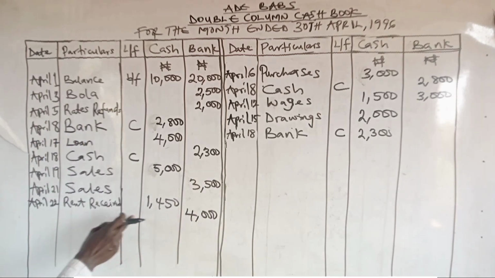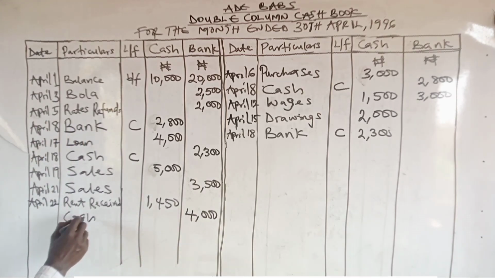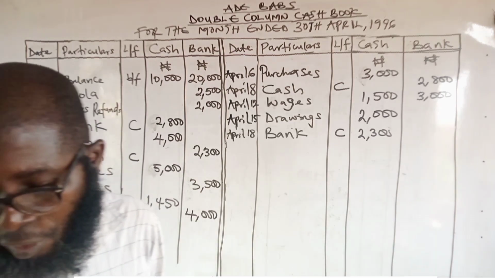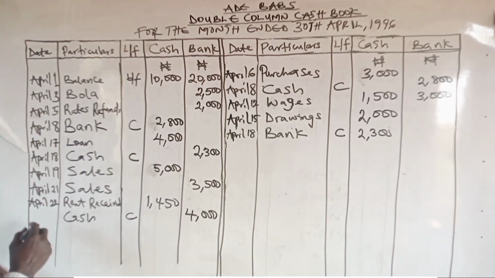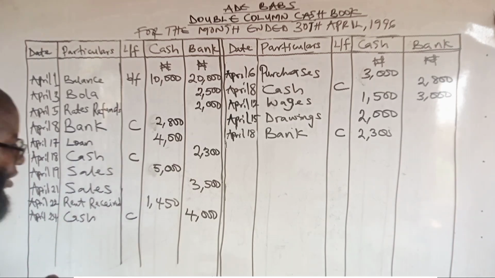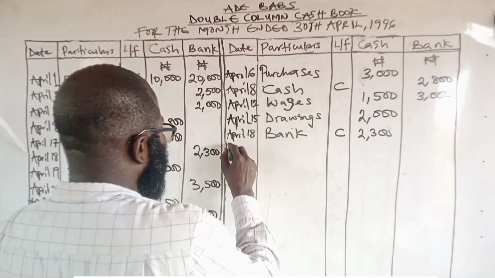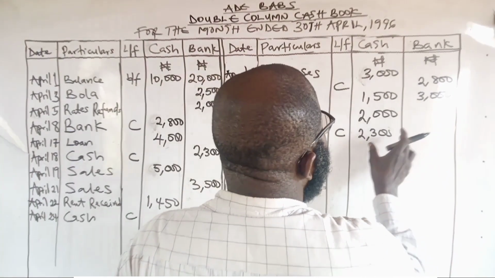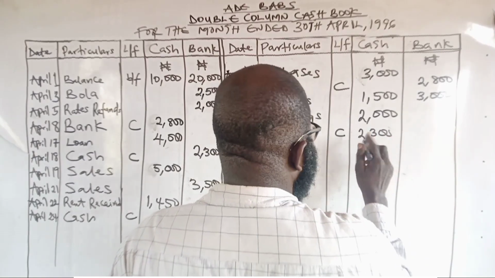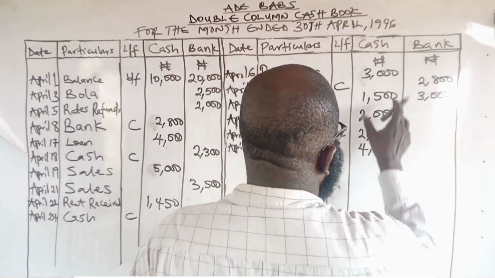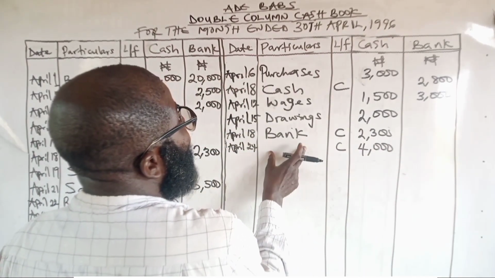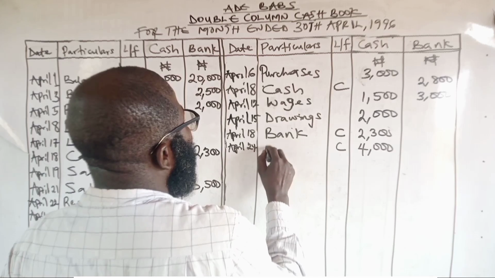Then the narration, I will come here, cash, then I will put contra here, C, to indicate contra. The date is April 24. Then I will come here, April 24. The cash account is the one giving out. I'll put it under cash column, 4,000 naira. I put C here. Then the narration under particulars will be bank.